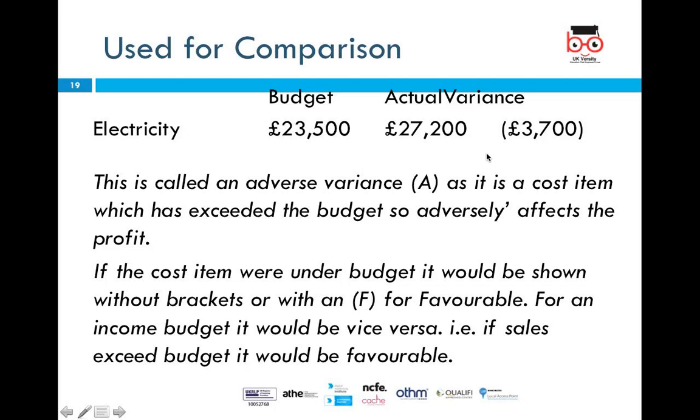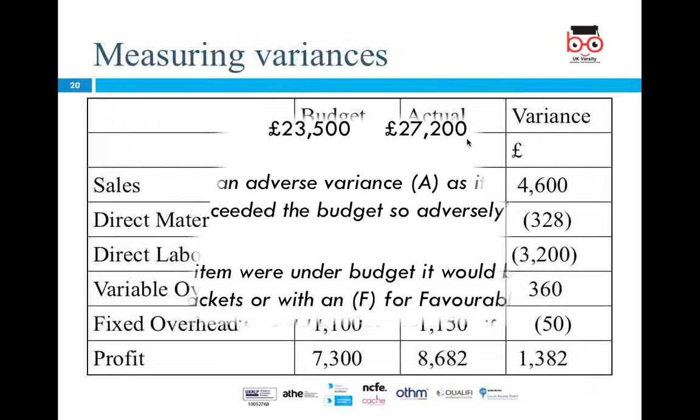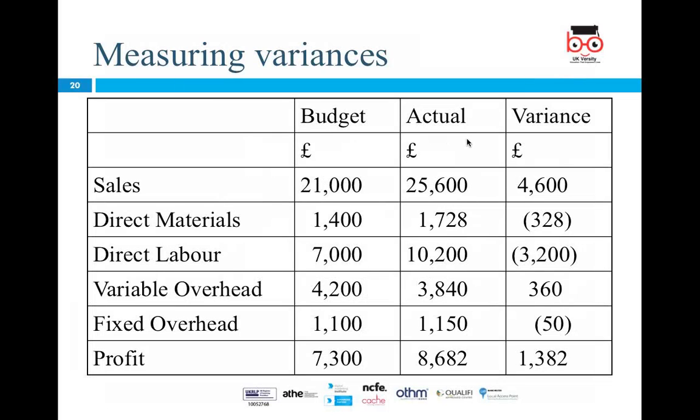Any income budget, any profit budget, any revenue budget, if it is increased, that's favorable. So that means if there is any increase in a cost item, that is an adverse budget variance, and if there is an increase in revenue, income or sales, that will be a favorable budget variance, and vice versa.